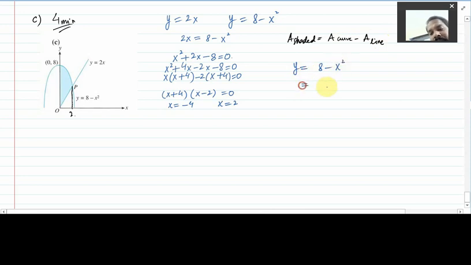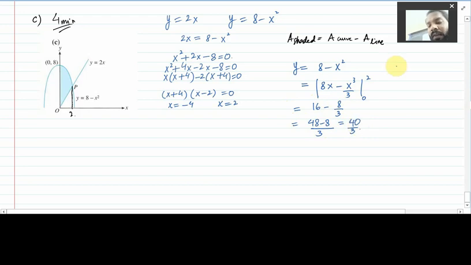If I integrate it, it will be 8x minus x cube divided by 3, and the limits we have are from 0 to 2. So 8 2s are 16 minus 2 cube, 8, divided by 3. Taking LCM, it's 3. 16 3s are 48 minus 8 leads to 40 divided by 3. That is the area of the curve.